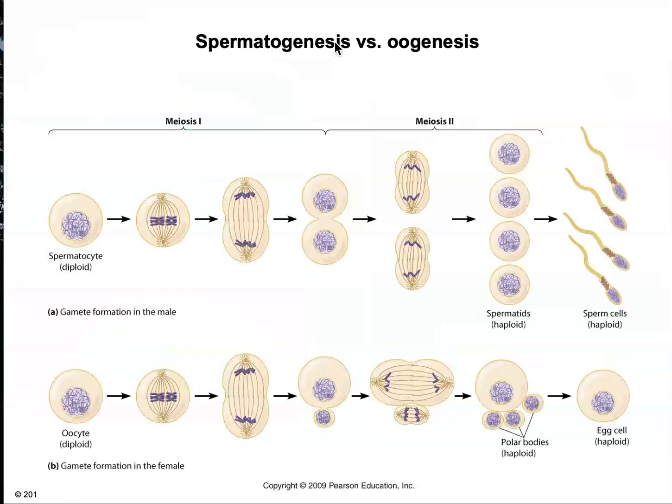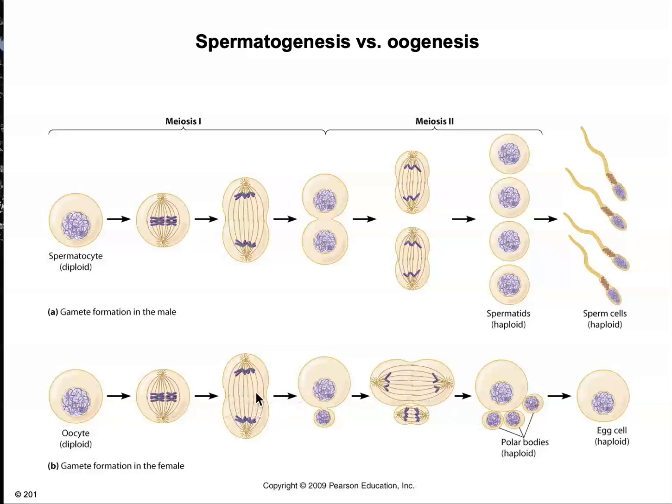Now, there's a little added twist here. What I just showed you explicitly is what happens in males and the production of sperm. That's the process called spermatogenesis. In females, though, the germ cell that ultimately goes through meiosis, called an oocyte, doesn't divide equally at each of those cell divisions.